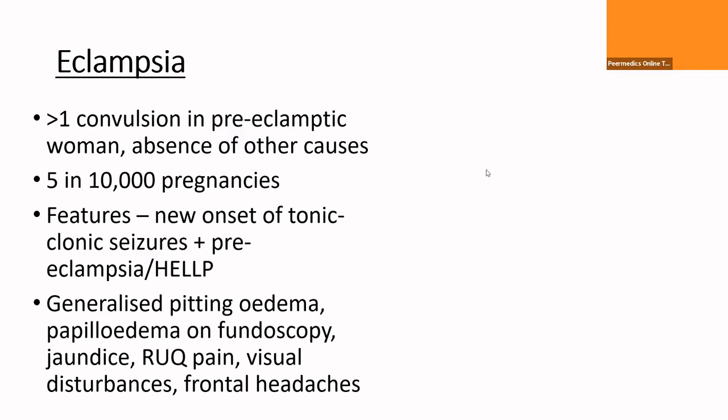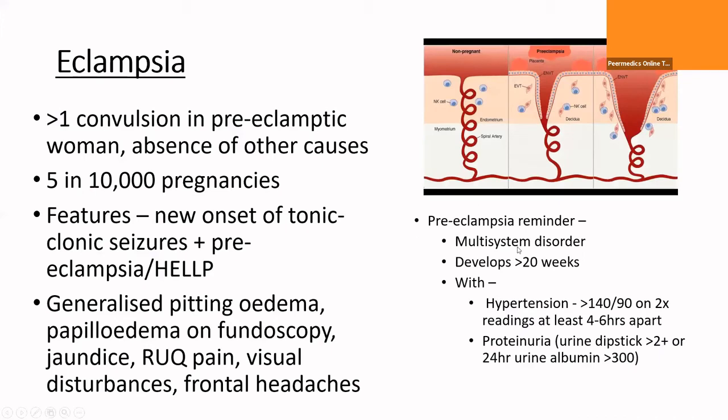So risk factors for it are basically as for preeclampsia, which is a multi-system disorder developing after 20 weeks with hypertension of at least 140/90 on 2 different readings, or proteinuria, which is normally defined as a urine dipstick positive for +2 protein, or a 24-hour urine albumin count of at least 300.